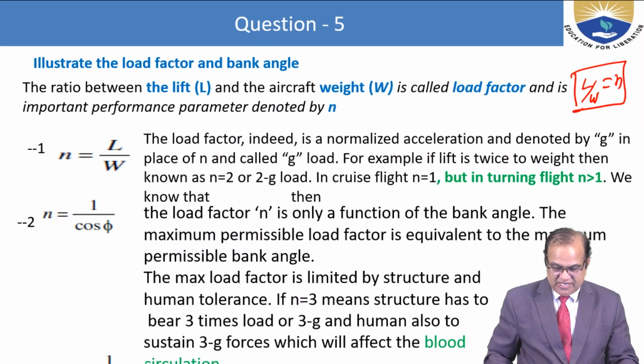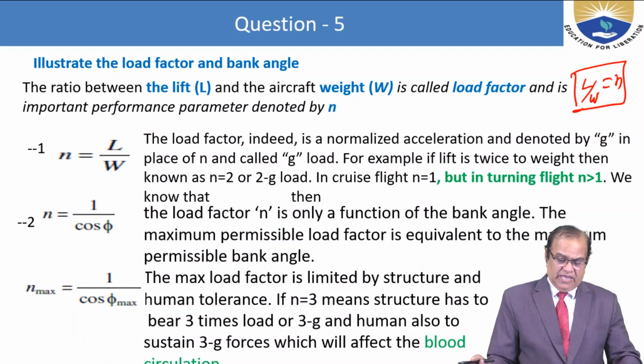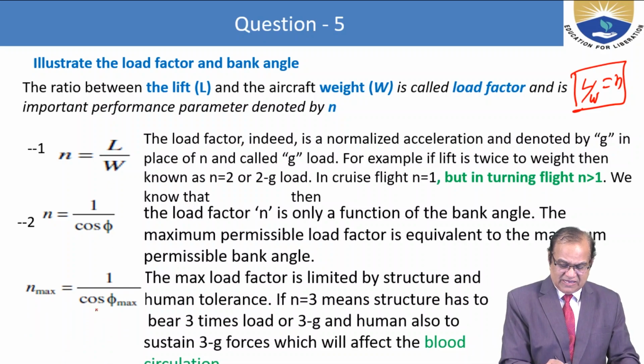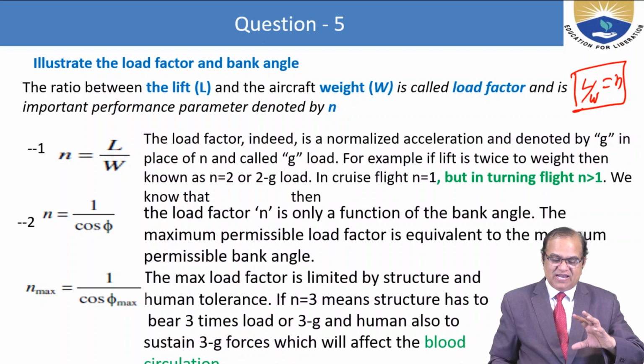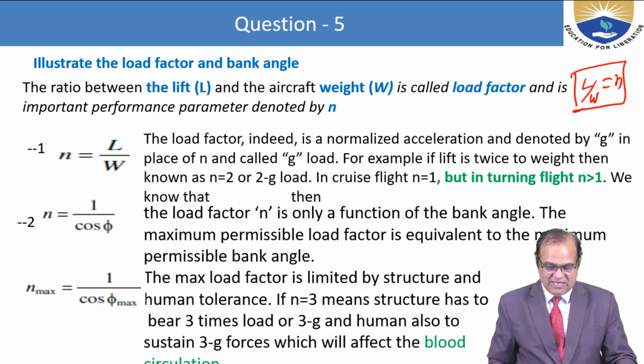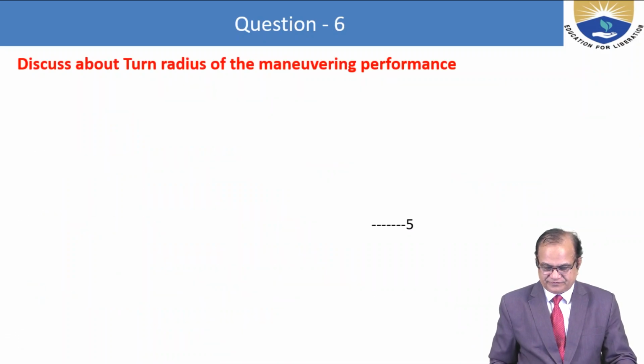So N max is equal to 1 by cos phi max. This is the basic of the load factor and the bank angle. Bank angle and the load factor are both related. So N is equal to 1 by cos of bank angle.